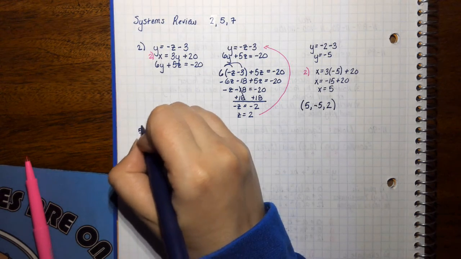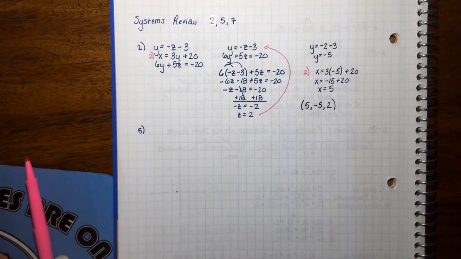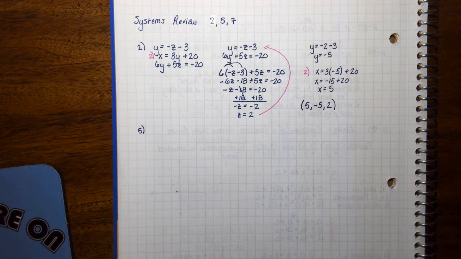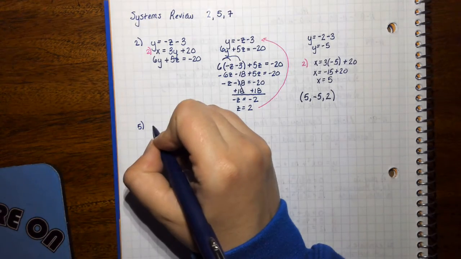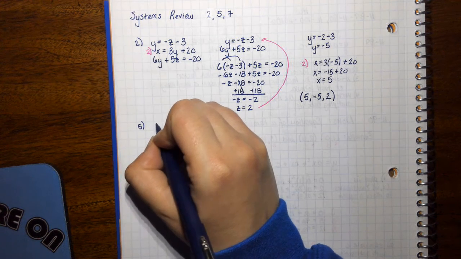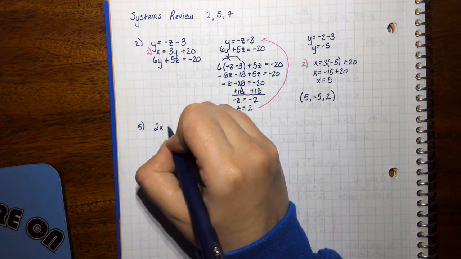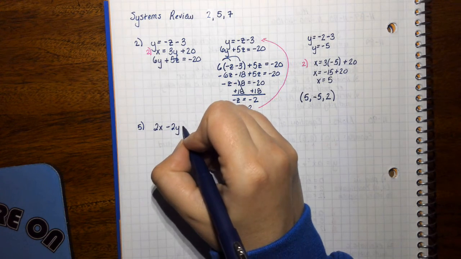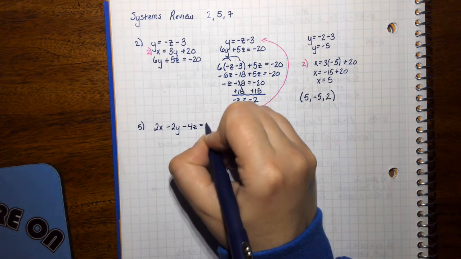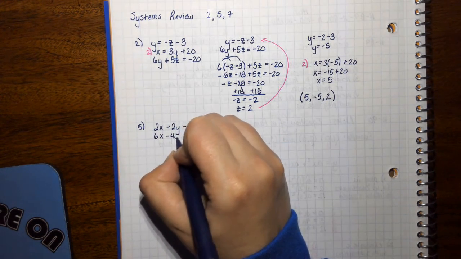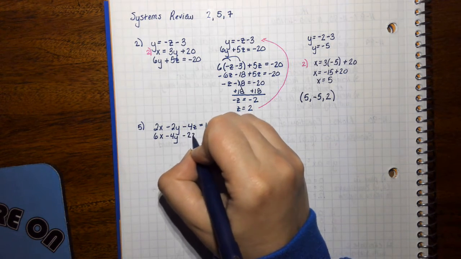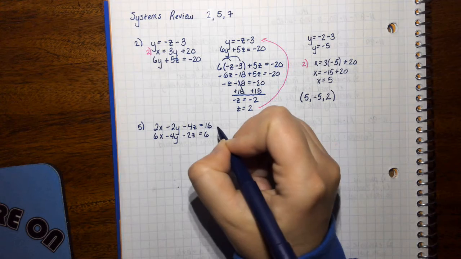Okay, moving to number 5 is one of those. So number 5 is just, that's sort of true, it already has one variable eliminated also, but it's definitely set up more for elimination style. 2x minus 2y minus 4z equals 16. 6x minus 4y minus 2z equals 6.